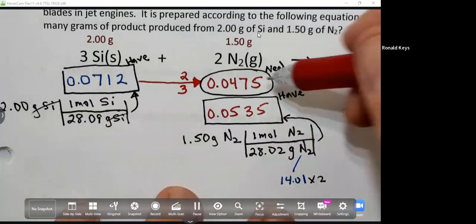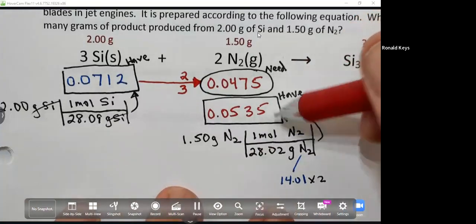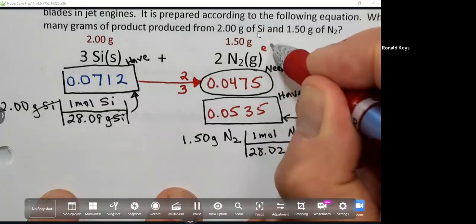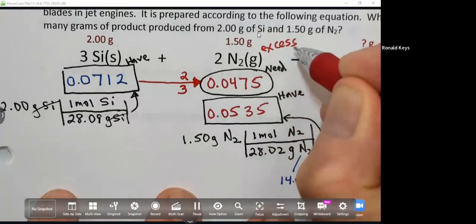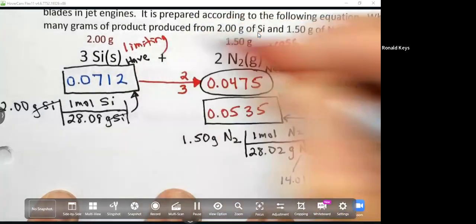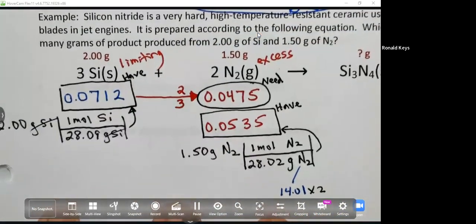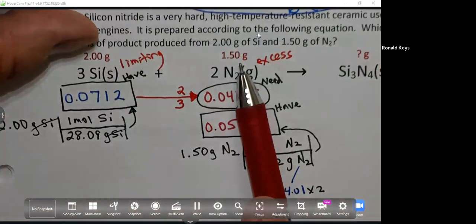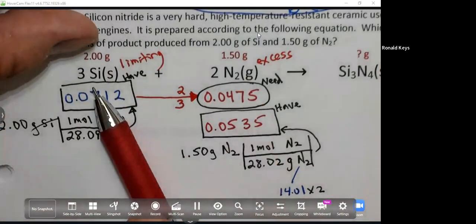Now you're just looking at these two numbers. Yes, you have too much. So right away, this is going to be excess. This is going to be limiting. Now look at this. 2 grams is more than 1.5 grams, but your 2 grams is going to run out first.